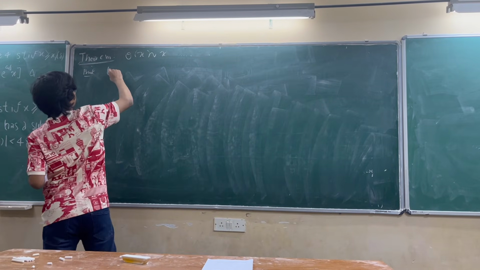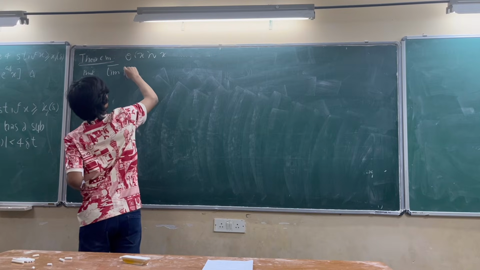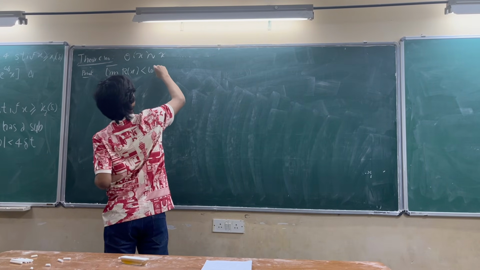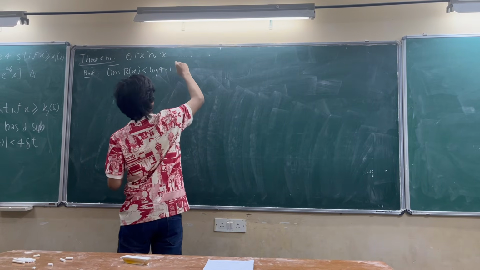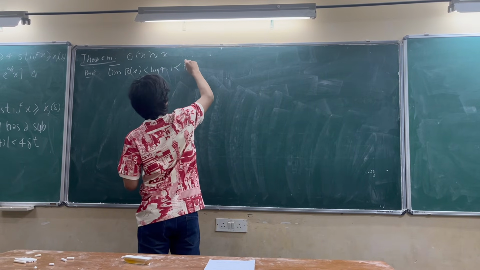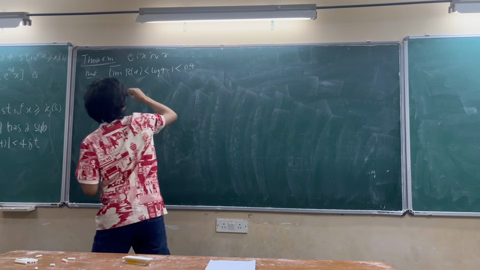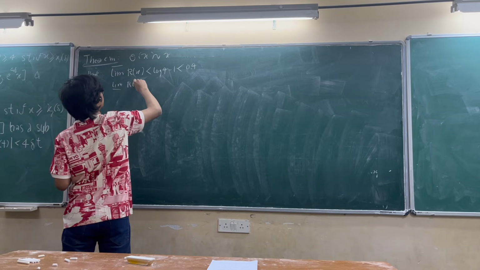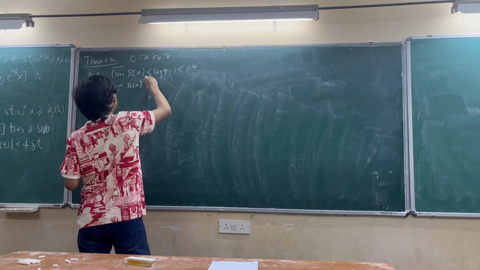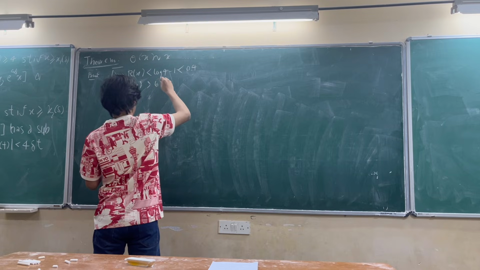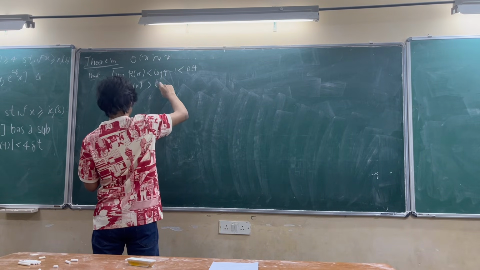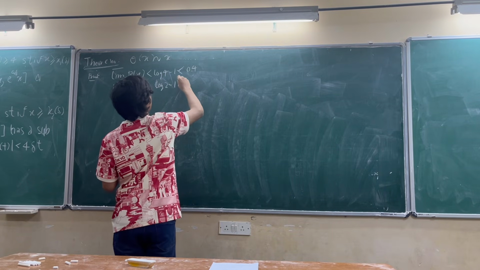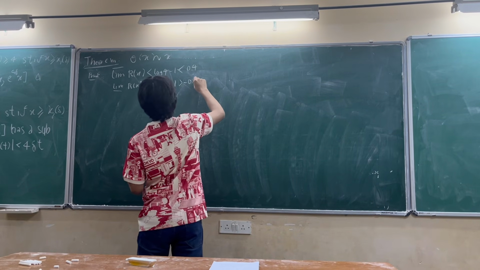So that tells us that lim sup of R x is bounded above by log 4 minus 1, which is less than 0.4, and lim inf of R x is bounded below by log 2 minus 1, which is greater than minus 0.4.